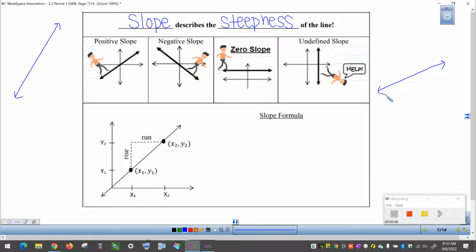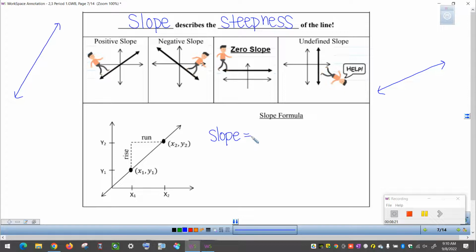All right, so something that's going to help us to specifically define the slope, to define the steepness of our lines, is the slope formula. And this has to do with the picture that's written off to the side. I'm actually first going to show you the formula, though, just in words.